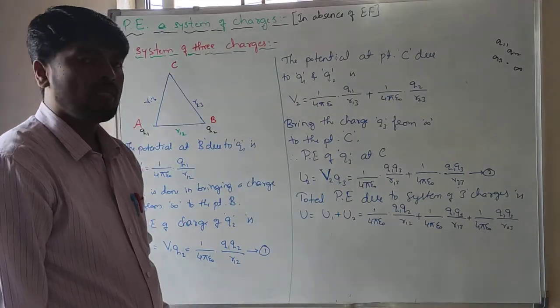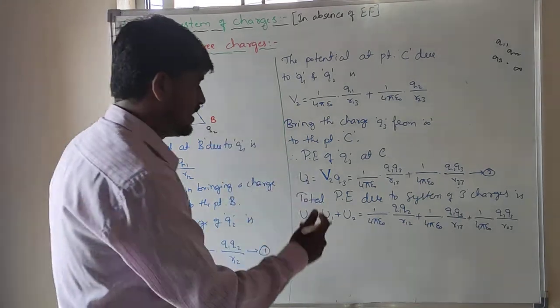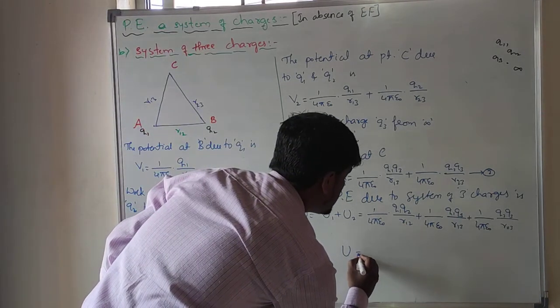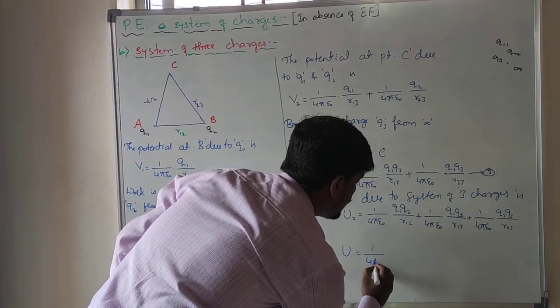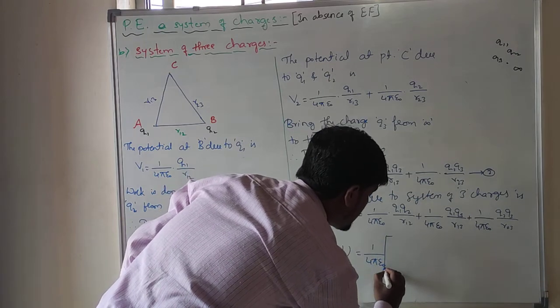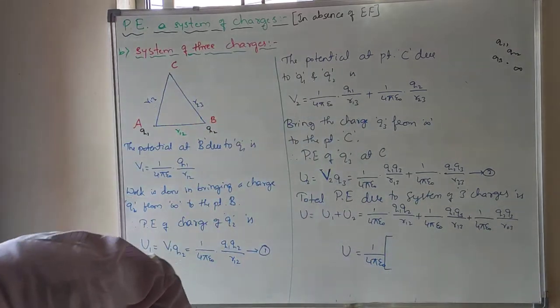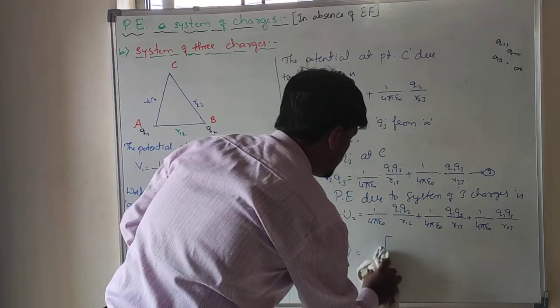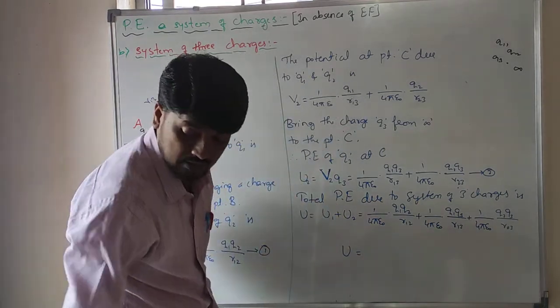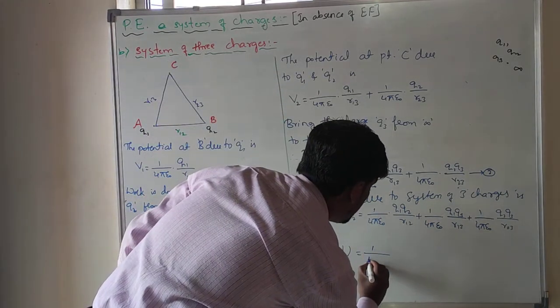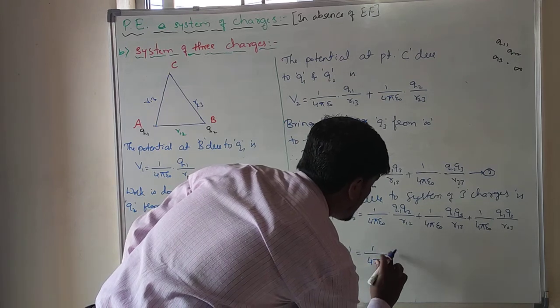What is common here? 1 by 4 pi epsilon, take it outside. So U is equal to 1 by 4 pi epsilon naught. Let's make it systematic.